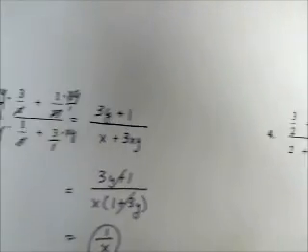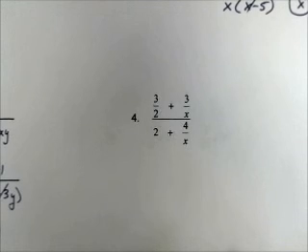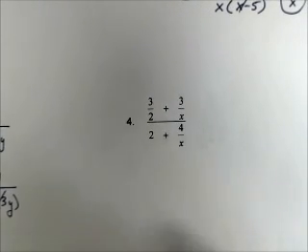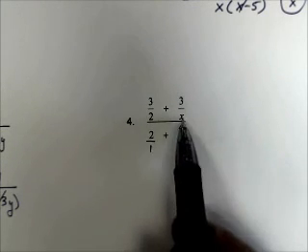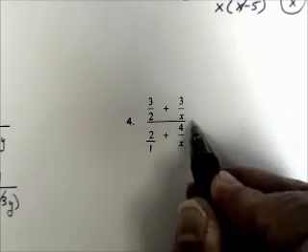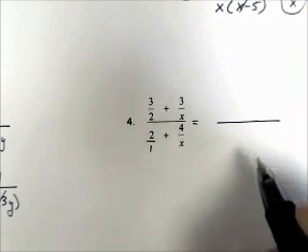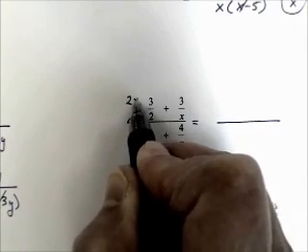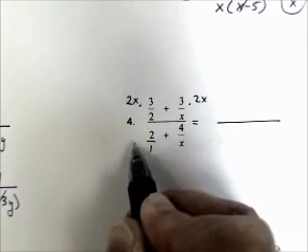Number 4. All right, this is 2 over 1. Look at our denominators, 2x, 1, and x. The least common denominator of all of those is 2x. So we will multiply by 2x every single term.